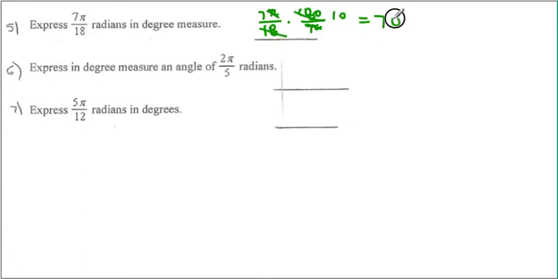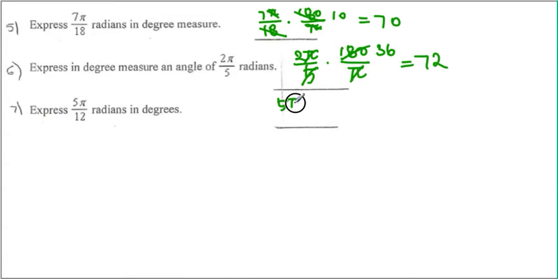We get 70 as our answer. Same way here, 2 pi over 5, then we multiply by 180 over pi. Pi cancels out, 5 cancels out with 180, which becomes 36, so we end up with 72 degrees.